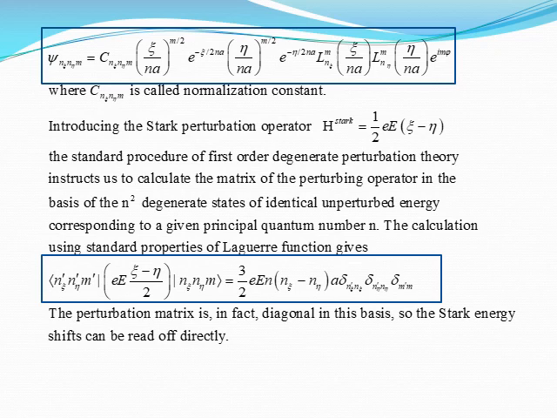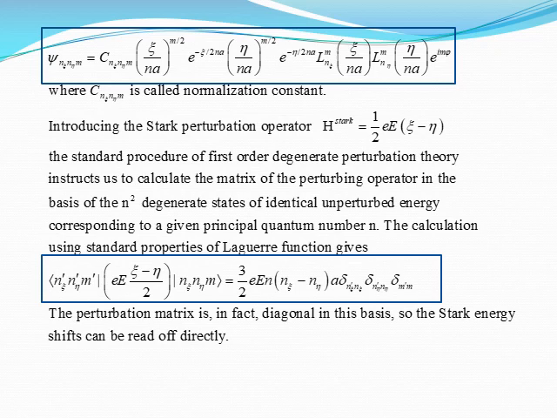Introducing the Stark perturbation operator, H Stark is equal to 1 by 2 small e capital E into xi minus eta. The standard procedure of first order degenerate perturbation theory instructs us to calculate the matrix of the perturbing operator in the basis of the n square degenerate states of identical unperturbed energy corresponding to a given principal quantum number n.